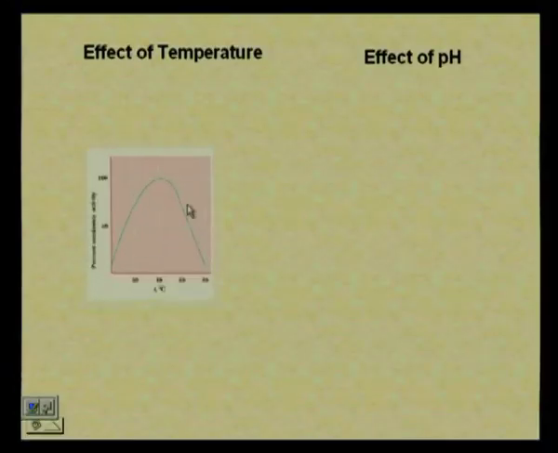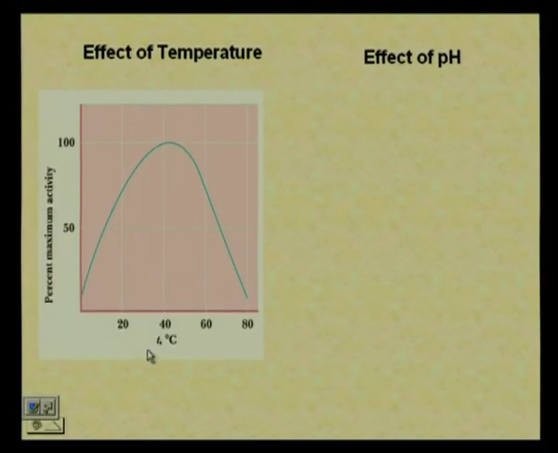So, we have an optimum temperature. If we do a percent activity versus temperature curve like this, then we are going to have an optimum temperature for the highest activity of the enzyme, and you realize that at low temperatures the enzyme is not going to function.